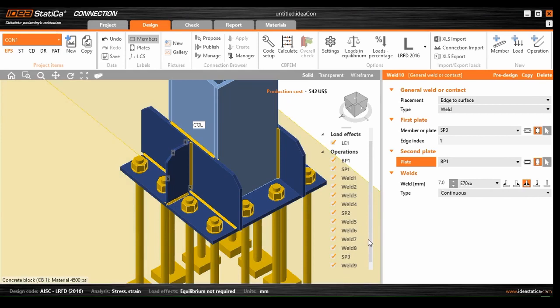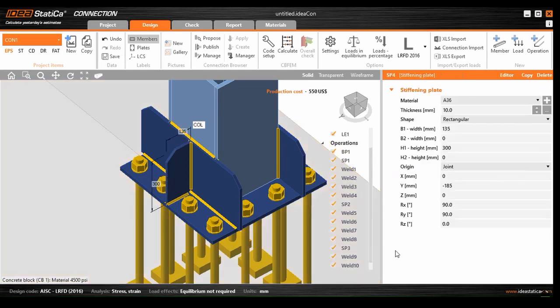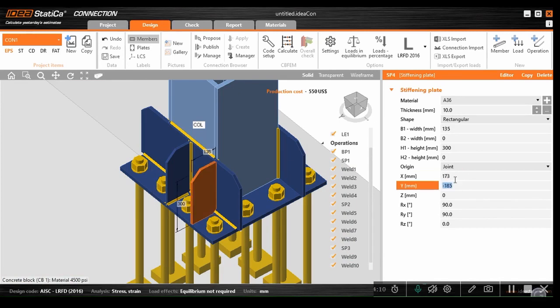So create a new copy of SP3. Change the value of X to 173. Okay, all the parameters are the same as SP3 and leave them as they are. Now copy weld number 9 and 10.